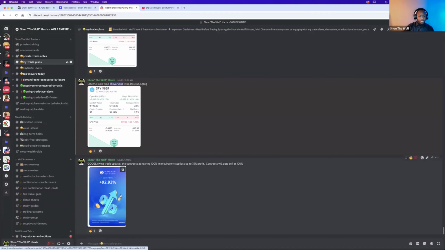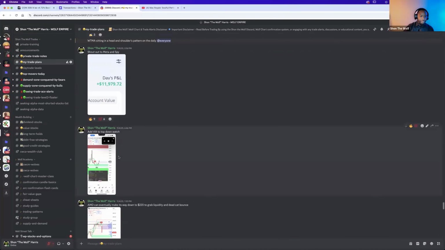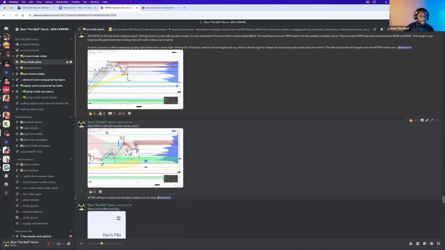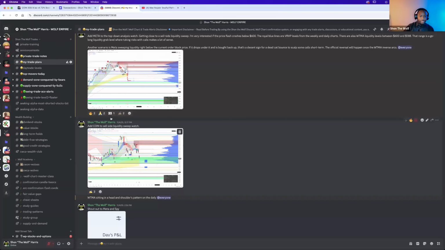And so we just want to keep on paying attention to these when I'm getting to a play. When I say add Coin to watch and things like that. So this was on the 4th, and Coin was down at 309 or so. When I say add something to your watch list, I think it came down. I put it on watch for a liquidity sweep because I knew it was going to drop lower.